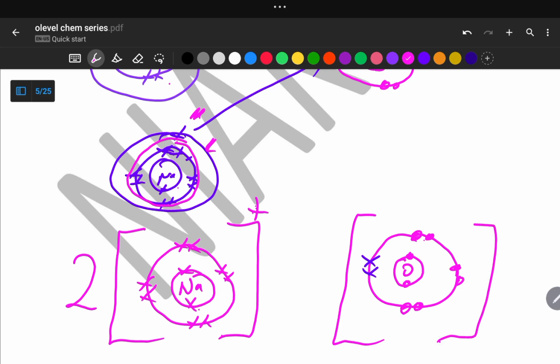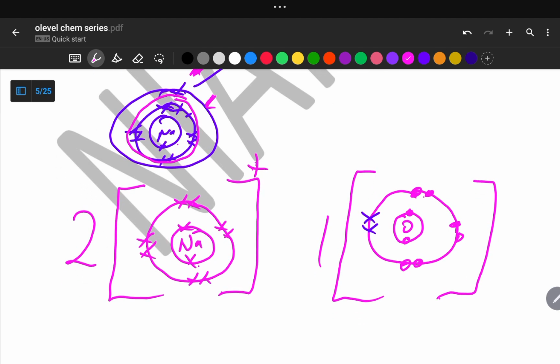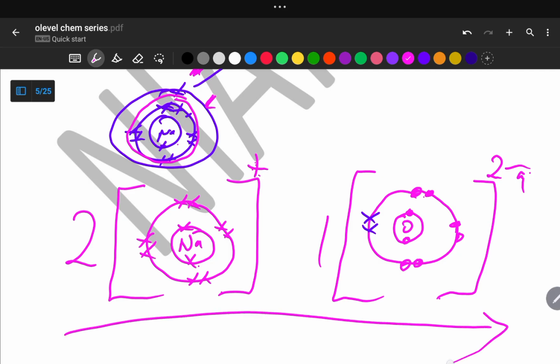So how many oxygen atoms? We used 1, right? For 1 you cannot include it, but for the sake of understanding, we must include it. And then the charge, how many electrons did oxygen receive? 2. And then 2 minus, the negative sign indicating that we have gained electrons, extra negative charges, and then this positive sign indicating that we have lost negative charges. So this is what you need to understand.